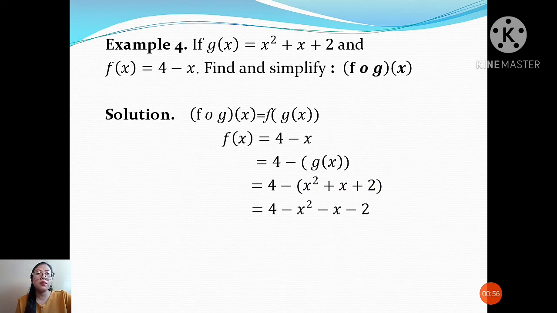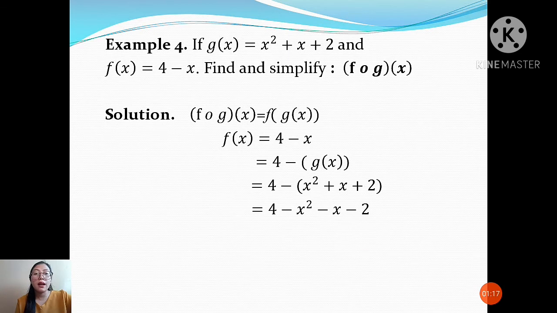Then now distribute this negative sign. So it will become 4, then negative times positive x squared is negative x squared. Then negative times positive x is negative x. Then negative times positive 2 is negative 2.